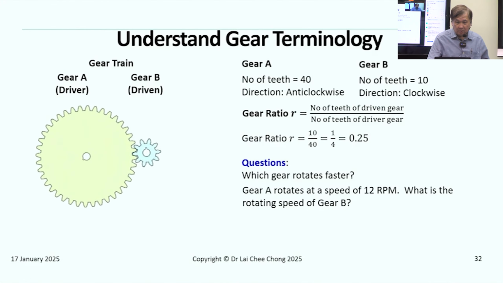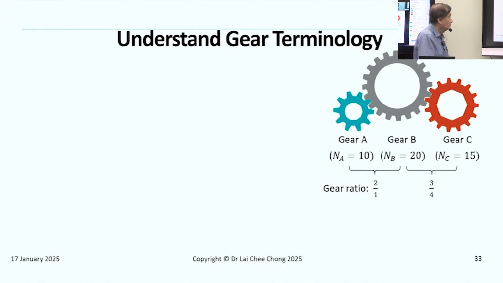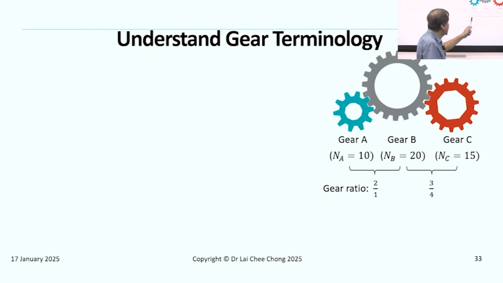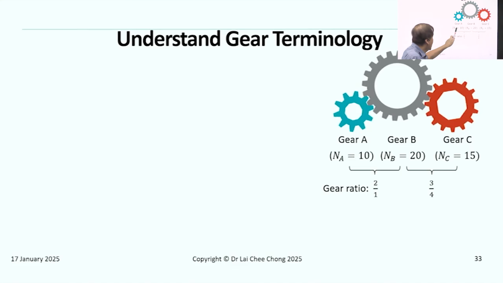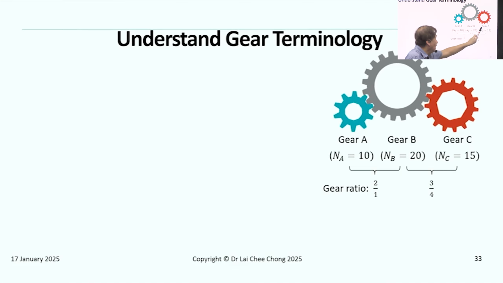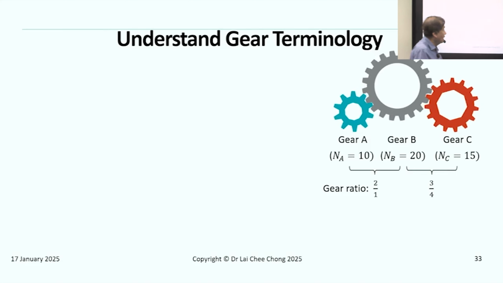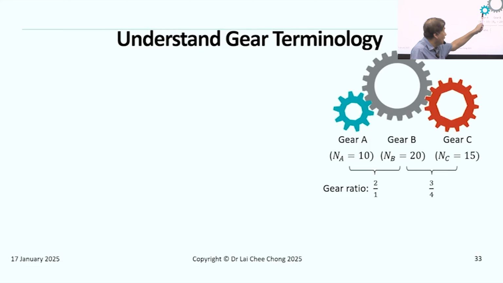Now you can try some of the things here. What if you have 3 gears? Now we have 3 gears, but let's say that gear A has 10 teeth. The middle one, gear B, has 20 teeth, and gear C has 15. Watch out very closely here. We work out the same ratio as what we know, because this one will drive this one.